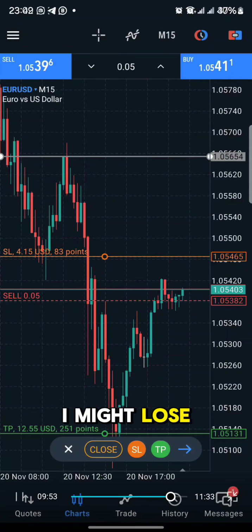So I might lose 2 times and win once and I'll still be in profit. In this case, if I lose 2 times, I would have lost $8. But if I win one trade, I would have made $12.